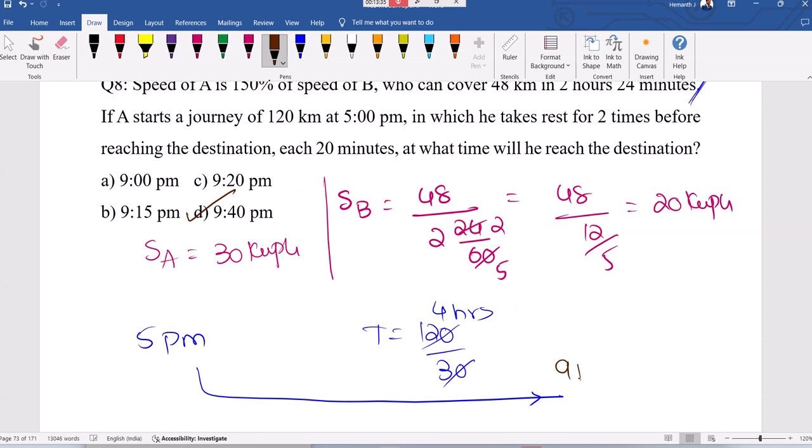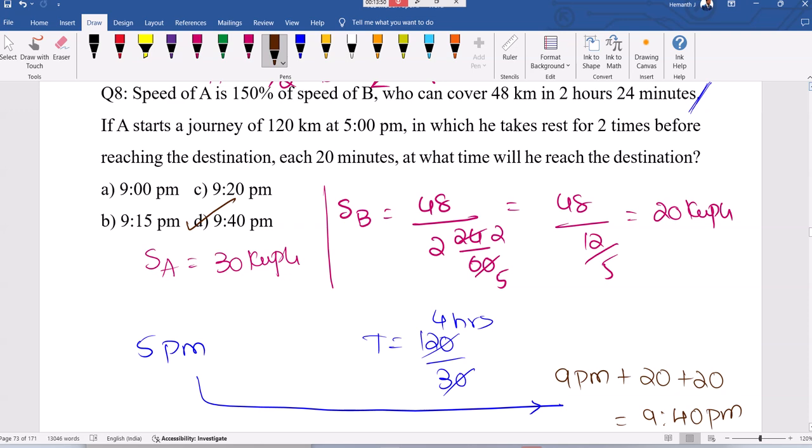So 9 p.m. plus 40 minutes, 9:40 p.m. is the answer. At what time is nothing but 9:40. 2 times they took a break.